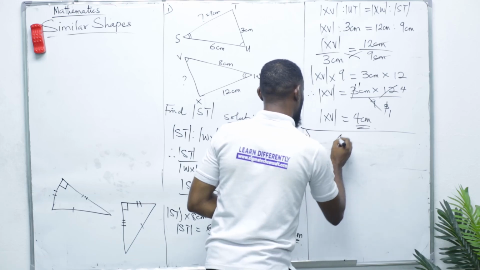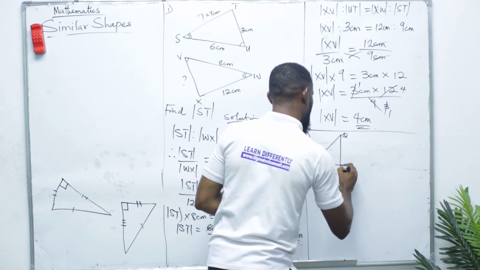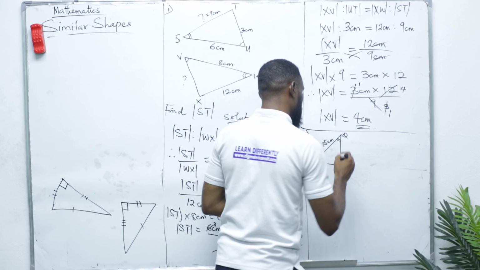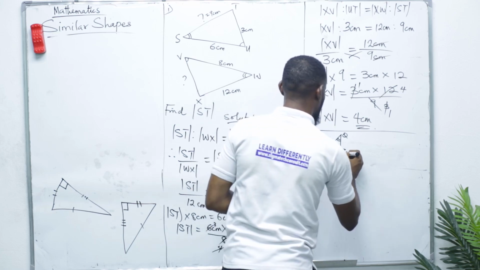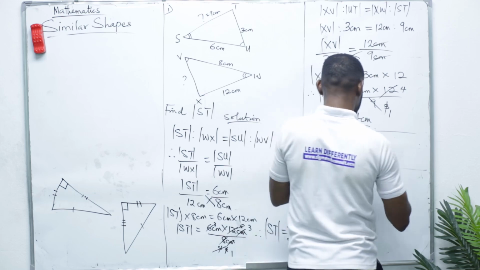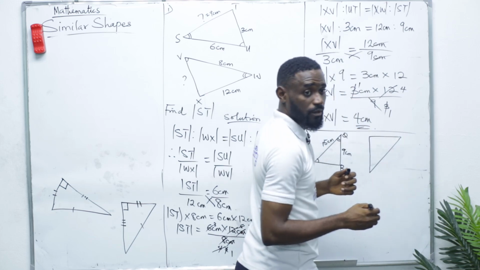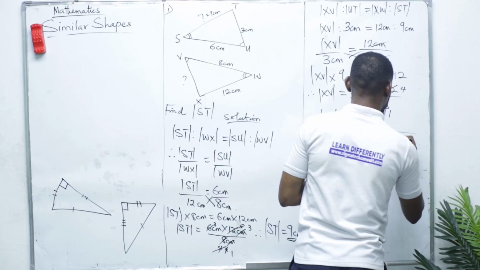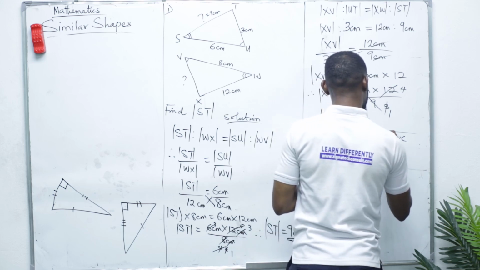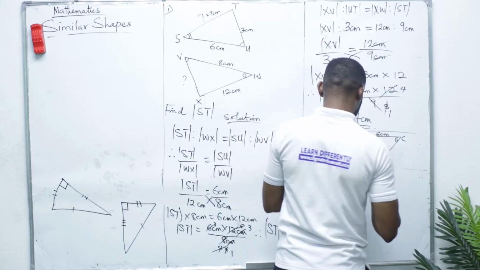This is the first triangle, PQR, with 15 cm, 9 cm, and this is our C, this is our B, this is our 6 cm, and this is our D, having one angle.